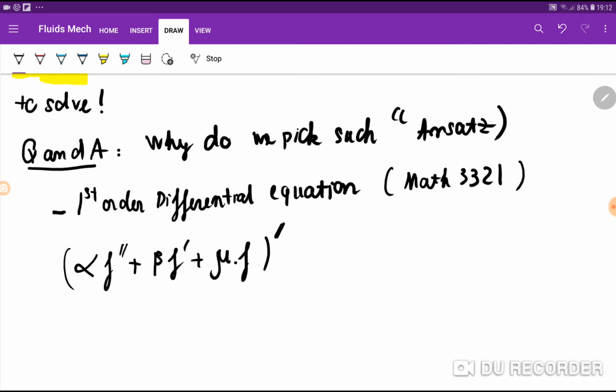This is a second order nonlinear differential equation. We don't have a general solution for this.